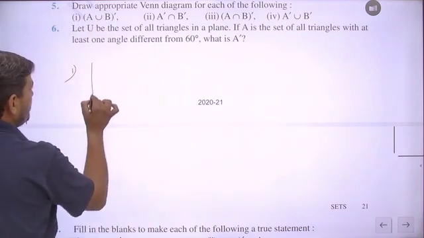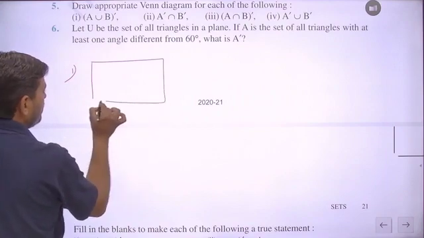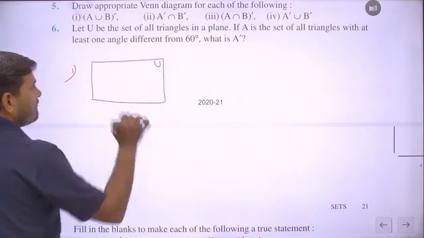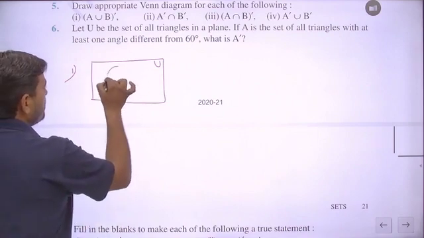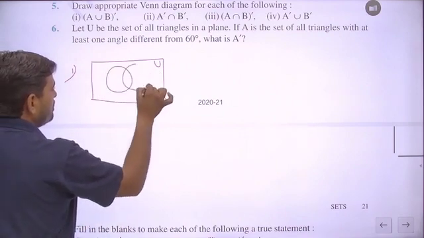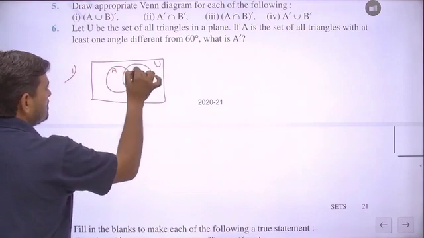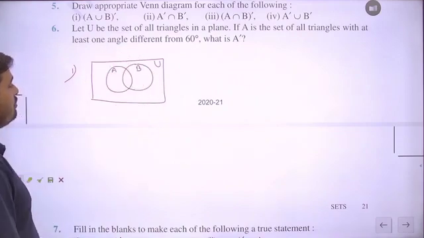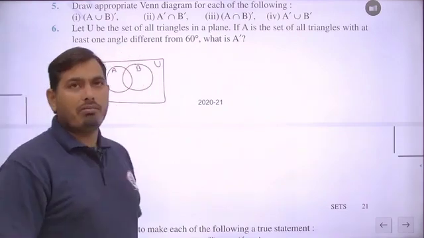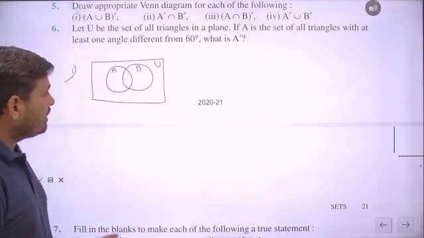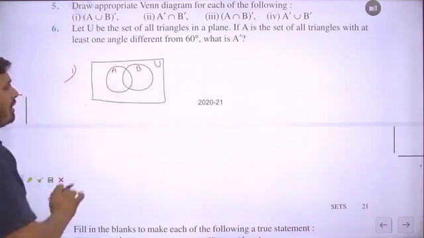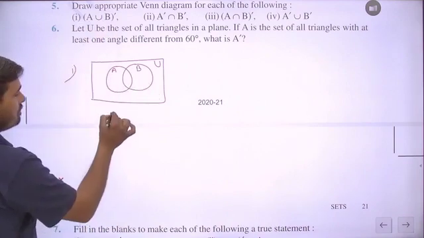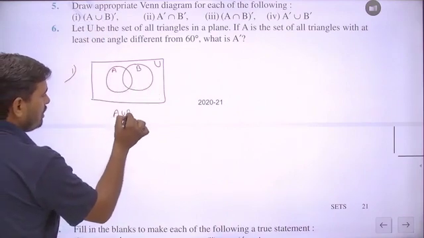So basically you can first represent the universal set here. Is it to be clear? Now A and B, so we have to make the two sets A and B here. This is any set A and this is any set B. Now A union B is what? Basically A union B is all the area related to A and B, but here we want to know A union B whole dash.